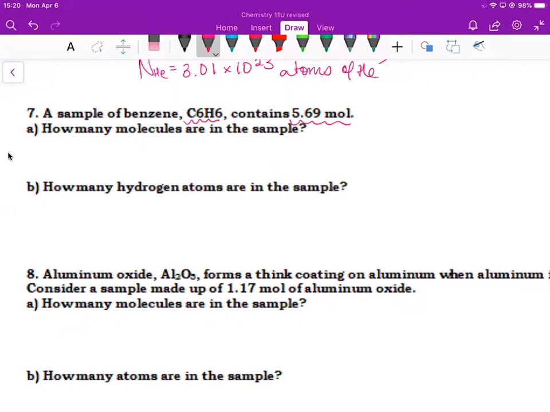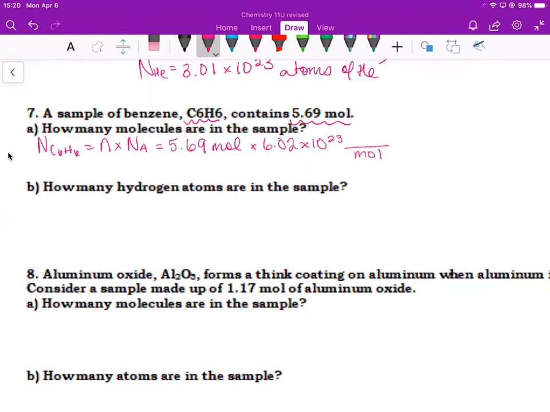So for A, how many molecules are in the sample? We simply convert by using Avogadro's constant. The number of benzene molecules equals the number of moles times Avogadro's constant, which is 5.69 mole times 6.02 times 10 to the 23.